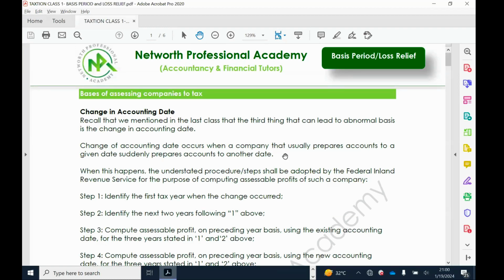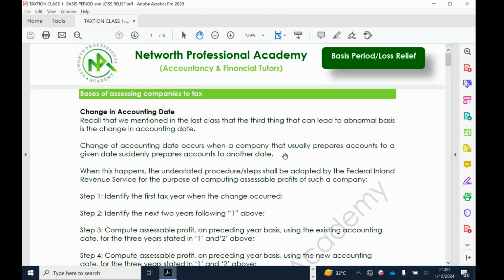A company that has been preparing its accounts to 30th of September now decides, for certain reasons, maybe because they are being acquired by a new parent, and the parent says, all of my subsidiaries have to prepare their accounts to the same year end that I prepare mine to. Maybe the newly acquired subsidiary has been preparing its accounts to 30th of September before, but the parent company that just acquired them prepares theirs to 31st of December.